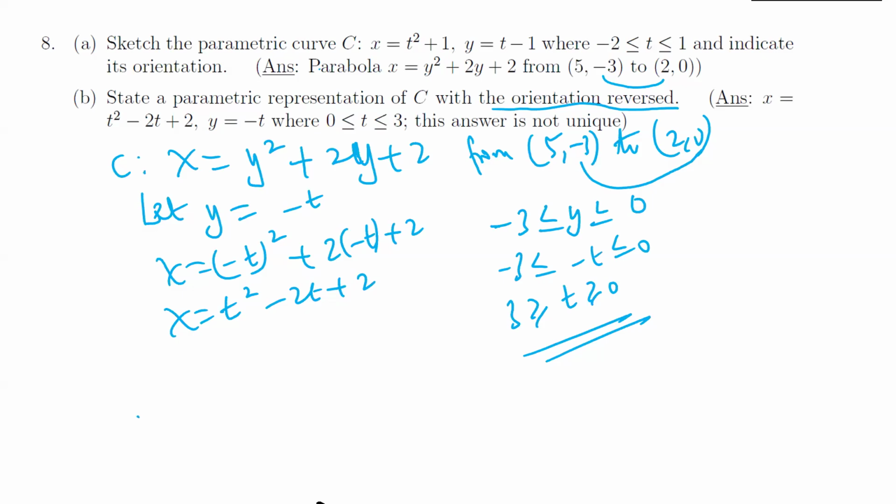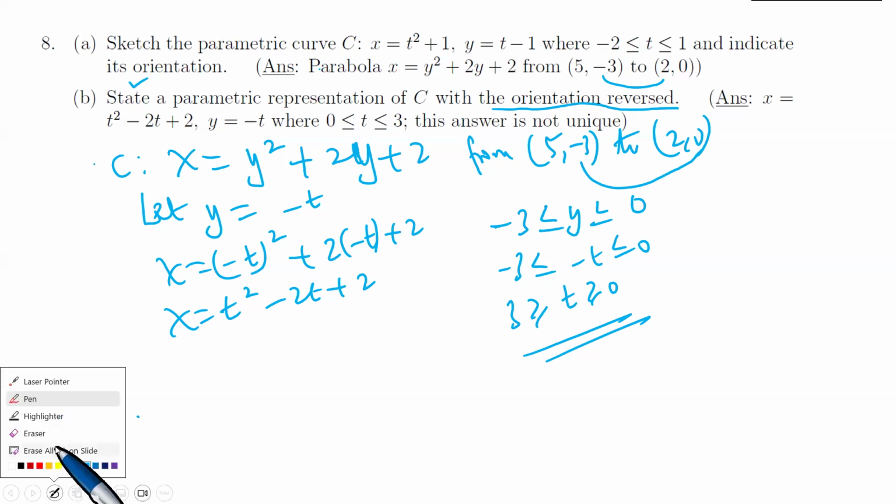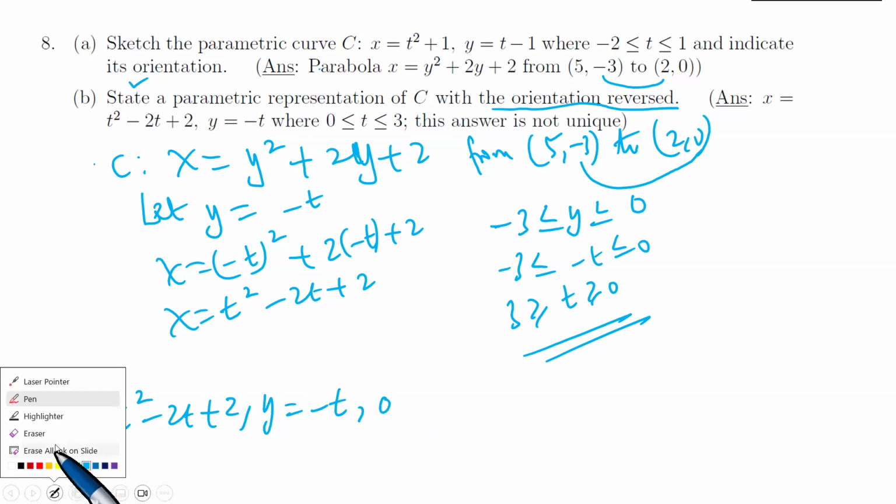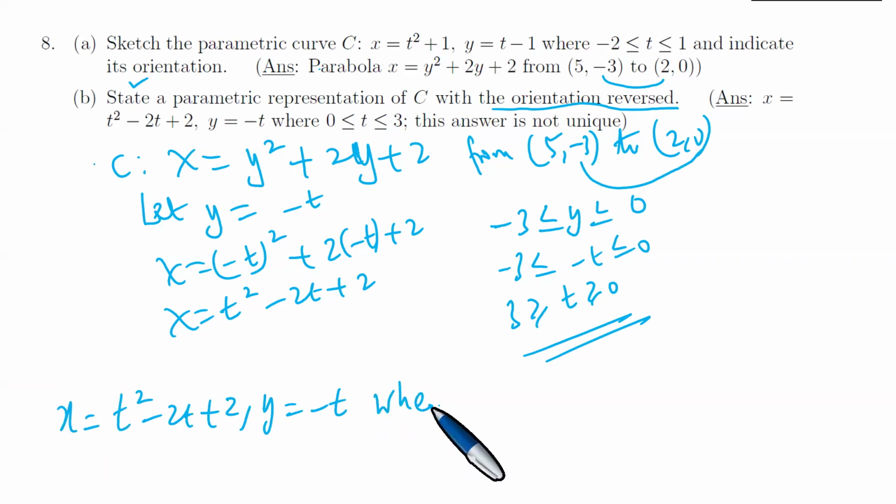So you need to state, do not sketch this time around, but just state. So you have seen therefore that x becomes what? T squared minus 2t plus 2. Y becomes minus t, where t is from 0 up to 3.